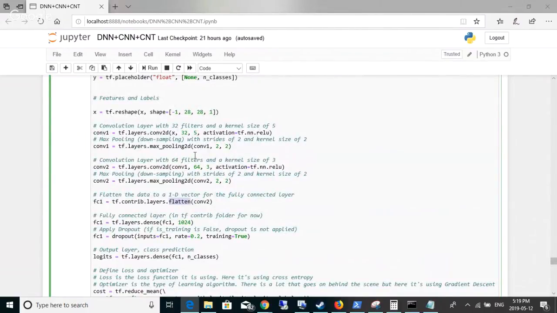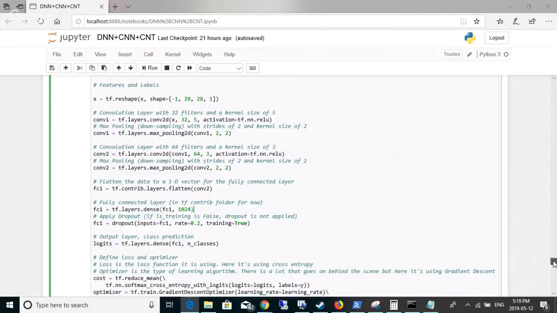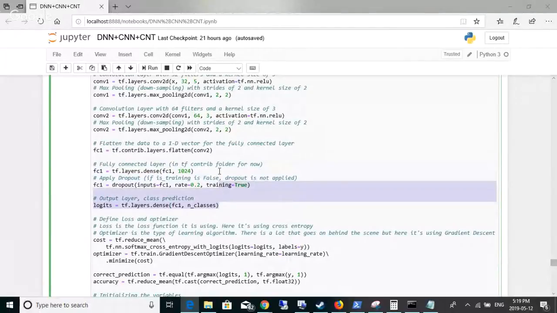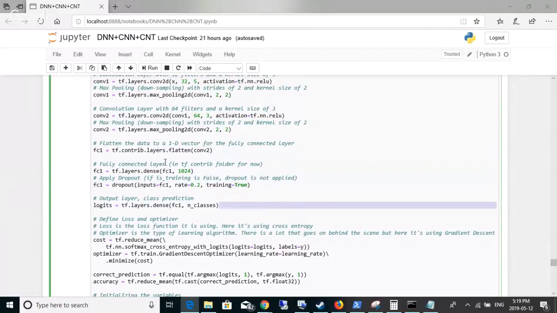So this is 2 layers with a lot of filters. And then there is a dense, making it fully connected, and there's a dropout, and there's another dense. So there are a few dense layers there, making a few fully connected layers.